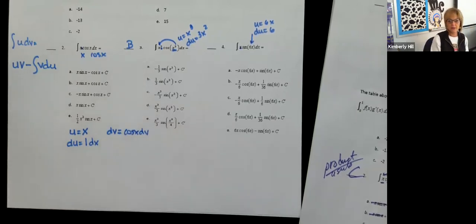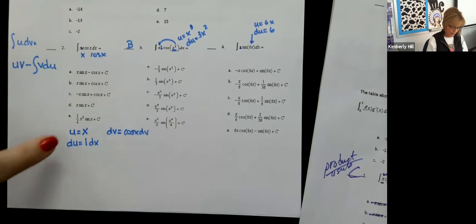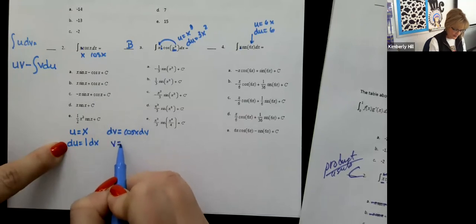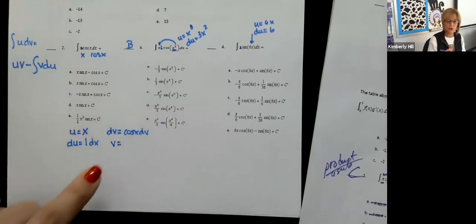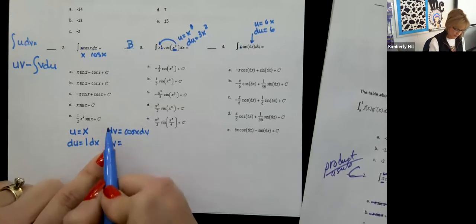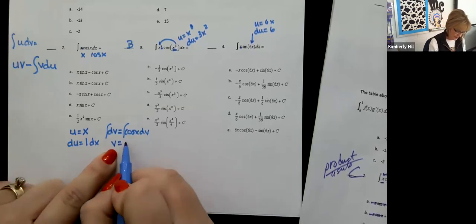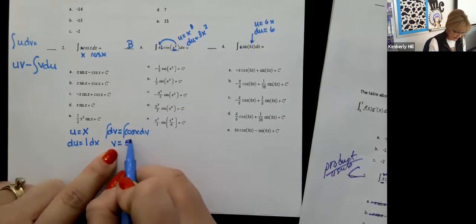So in this method, for those of you who've never used it, whatever you pick for u, you find its derivative. Whatever you pick for dv, you find its antiderivative, or do the integral, so that you can get v. So I'm going to take the integral. And I know the integral of cosine x is sine x.